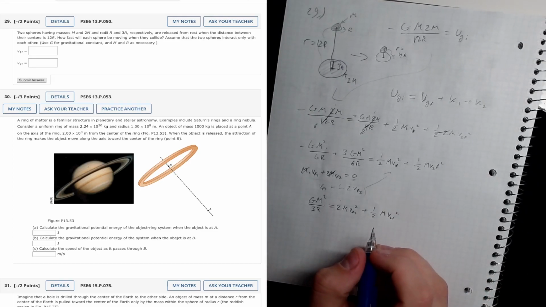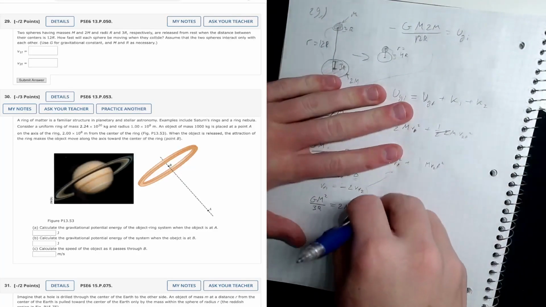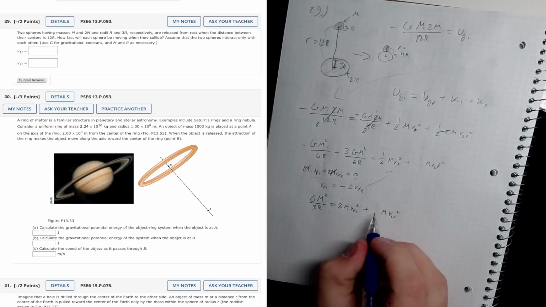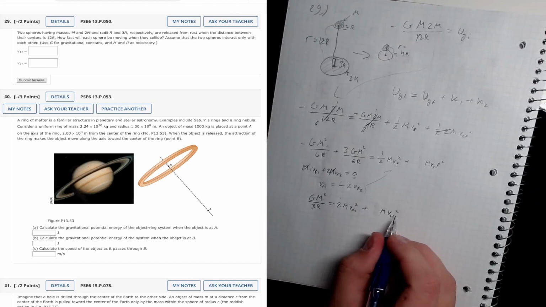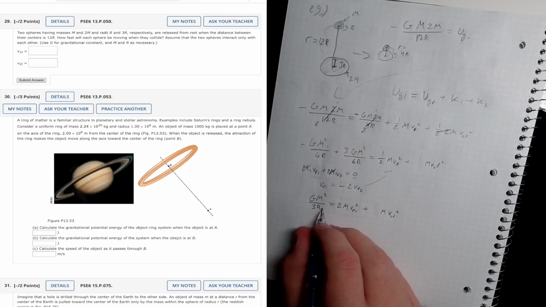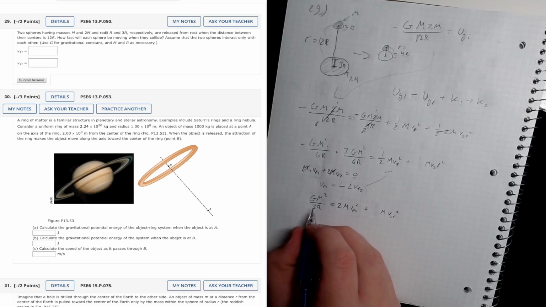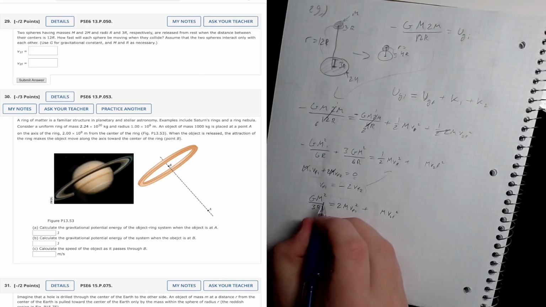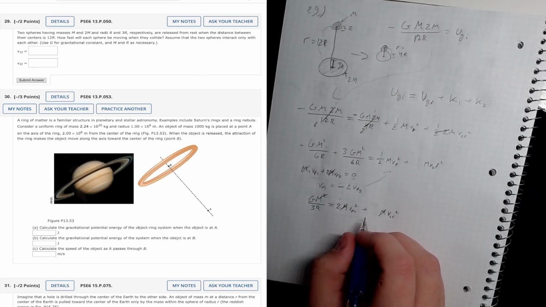So wait, no, I need to remove the 1/2. What am I doing? 3 divided by 3 is 3 of those divided by 3. It's going to be 9 of those. 9, cancel out 1 m for each.